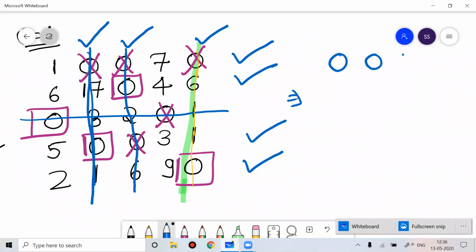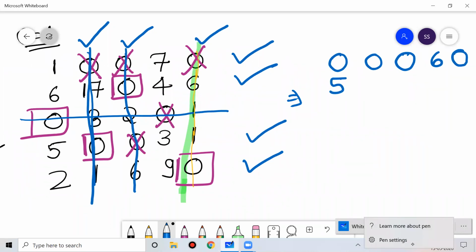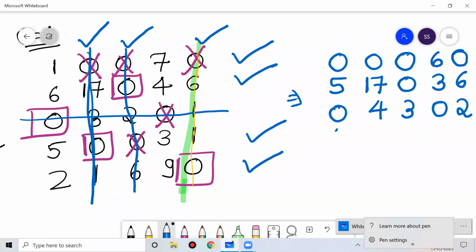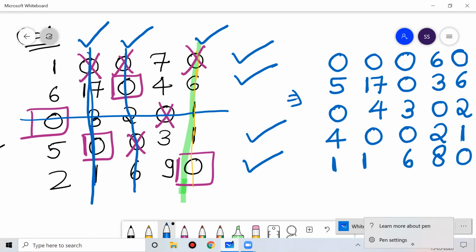Then the matrix reads 0, 0, 0, then 6, 0, then 5, then 17, then 0, 3, then 6, 0, then 4, then 3, 0, then 2, then 4, 0, 0, then 2, then 1, then 1, 1, 6, 8, 8, then 0. So let me just confirm, theta is 1.